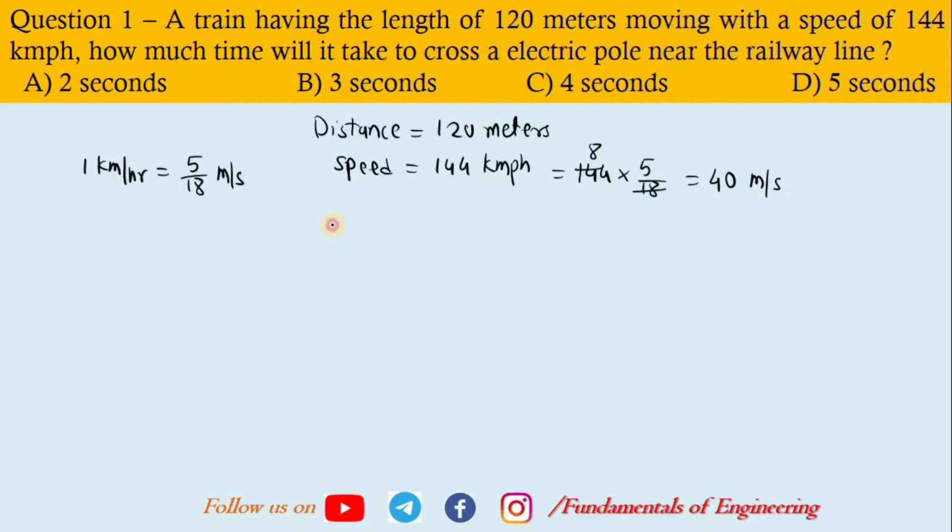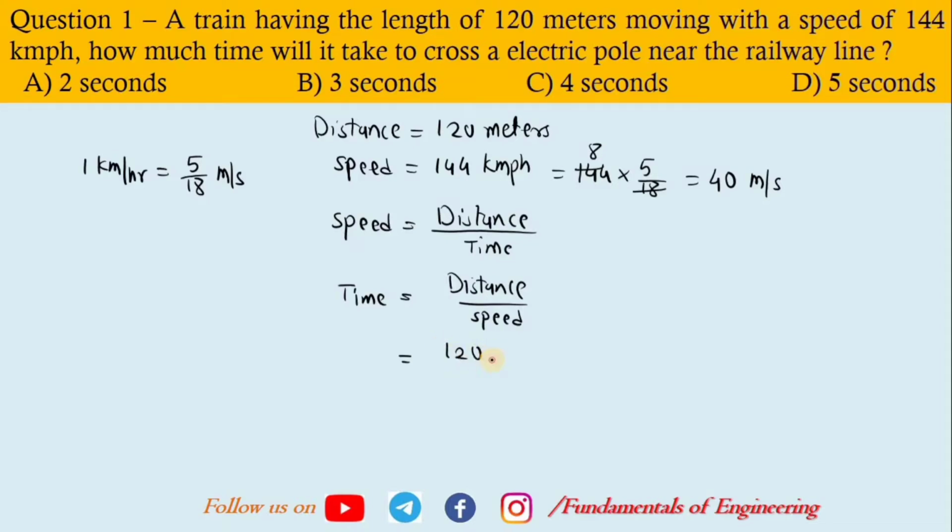Now we have the standard formula of speed, which is distance covered in a stipulated time. We need to calculate the time when a train crosses the electric pole, so we can rearrange this formula: time is equal to distance upon speed. Now we put the values of distance and speed in this equation.